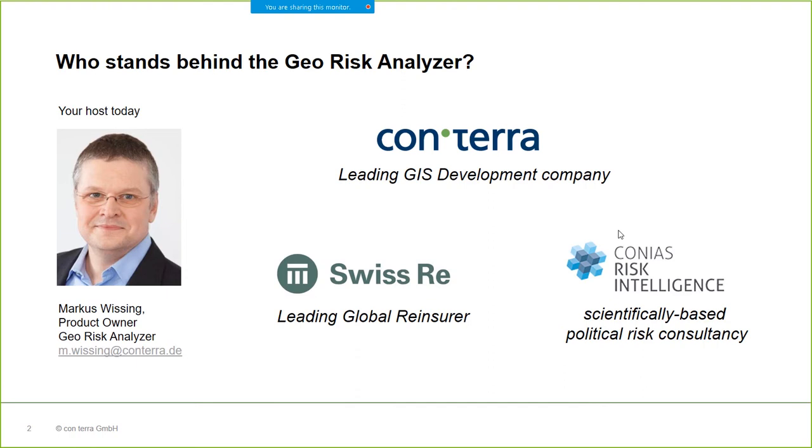And the third company is Conterra. We are a mapping software development company. We like to bring maps in an easy and comfortable way to our users to solve their problems. So we put together the parts. We integrated the geodata of the two data providing companies, and we built the Geo Risk Analyzer app.